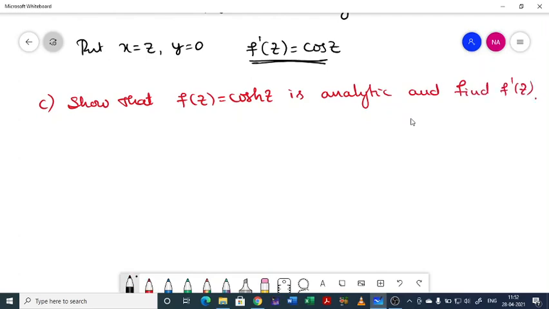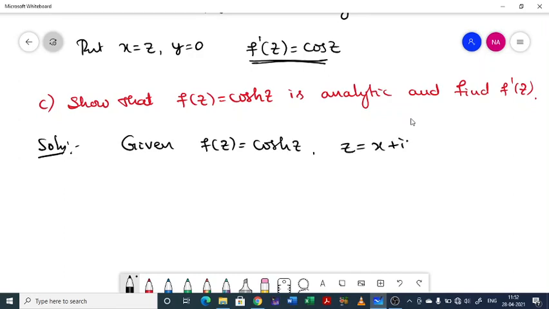Solution: given f of z equal to cos hyperbolic z, so as usual I have to put z equal to x plus iy.